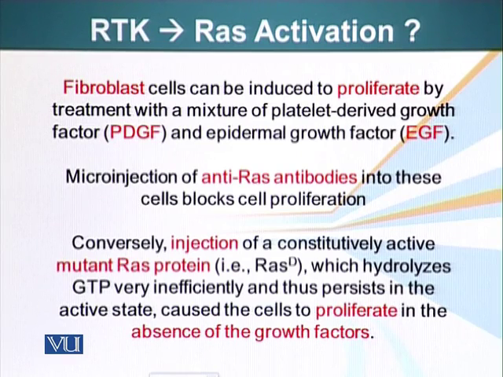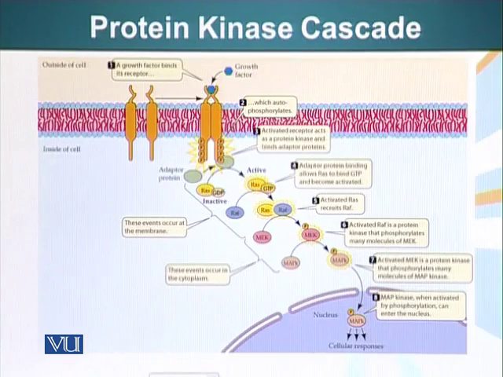They'll keep on dividing just as if the growth factors were there. However, the growth factors are not there. So this is a simple experiment that shows that RAS is somehow activated by these receptors which interact with PDGF and EGF. What happens after RAS is activated?